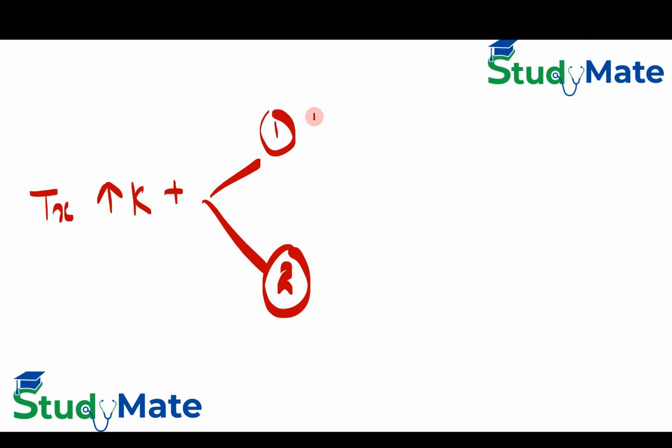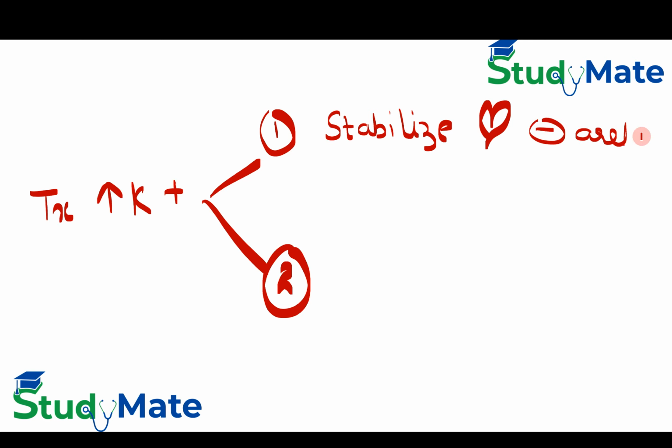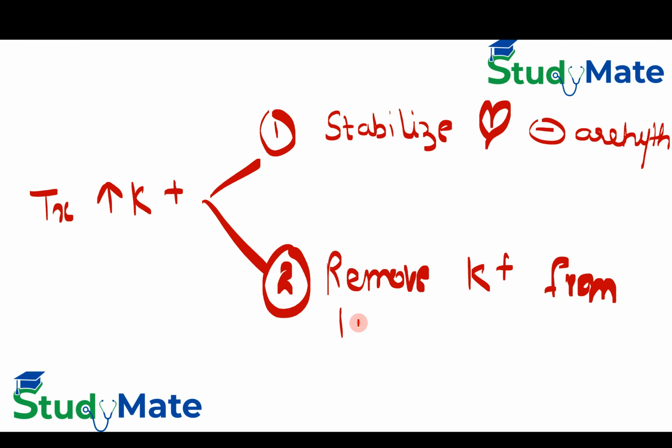The first thing is that you need to ensure that the heart is stabilized, so that arrhythmias can be prevented. And the second thing that you need to ensure is you need to remove potassium from the body. These are the laws or the basics that you need to know.